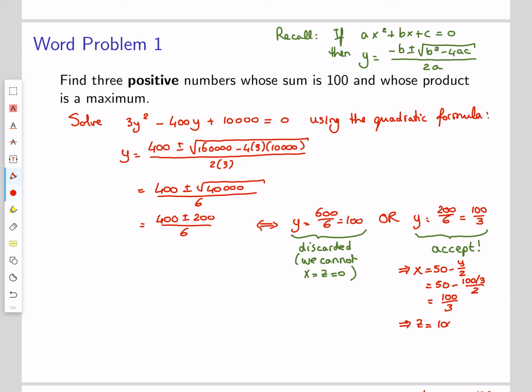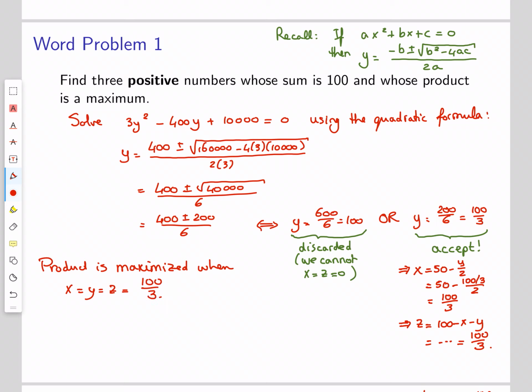Z was 100 minus x minus y, and you work through that, and you also end up with 100 over 3. Okay? So, to summarize, the product is maximized when x and y and z are all equal to 100 over 3.